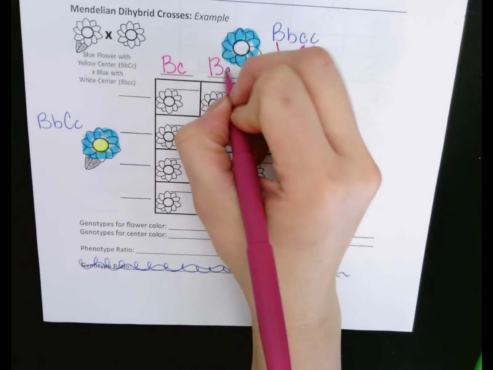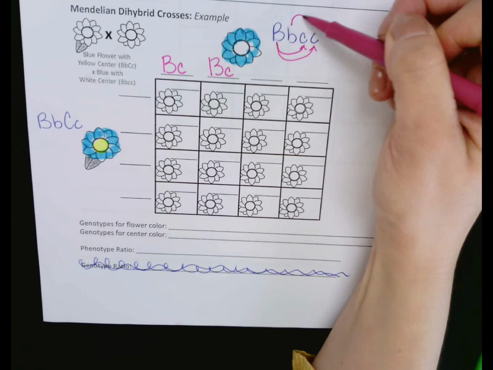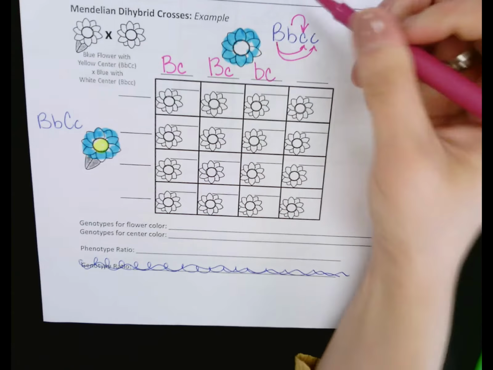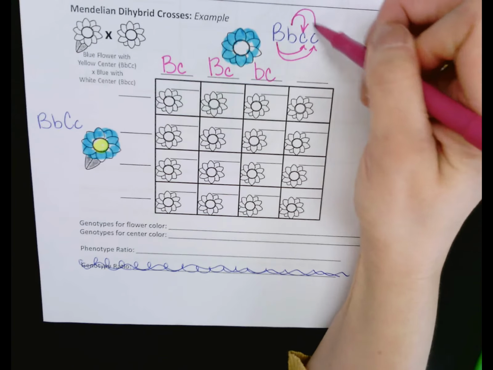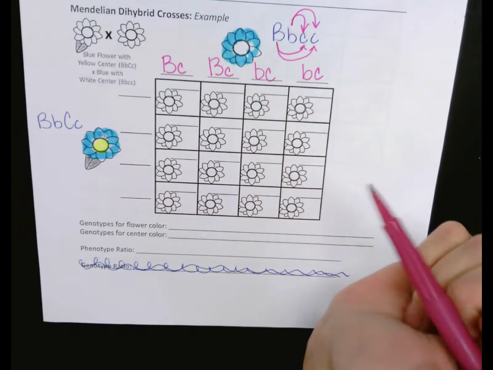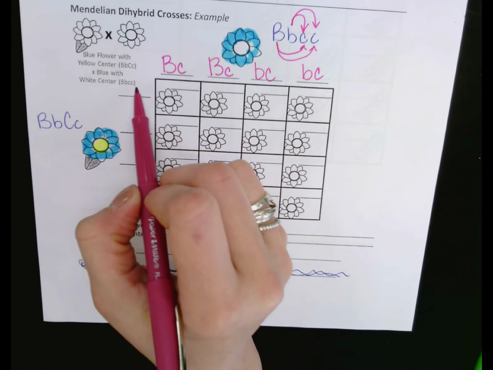We could also have little b, little c, and we could have little b, little c. All you're doing, guys, is foiling those alleles out. And remember, I got that parent genotype right from here, okay?